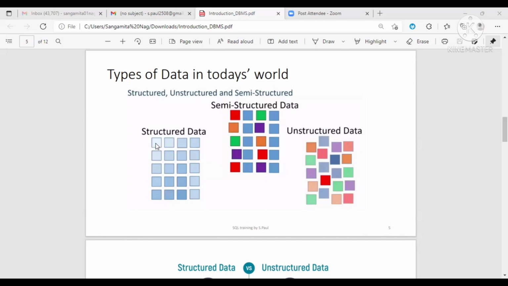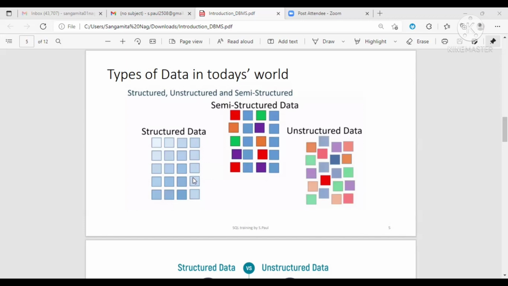So the first row might be for Ahmed. So we'll say Ahmed working in XYZ company, age is XYZ, and date of birth is some date of birth, right? Similarly, one entry will be for me, Shishendu, age is like 30 and working for some XYZ company, and date of birth. Similarly, we will have entries for Parikshit, Mahalakshmi, and Kartavya. So it will all be in a defined tabular format.